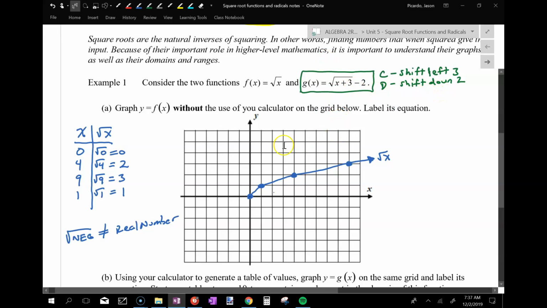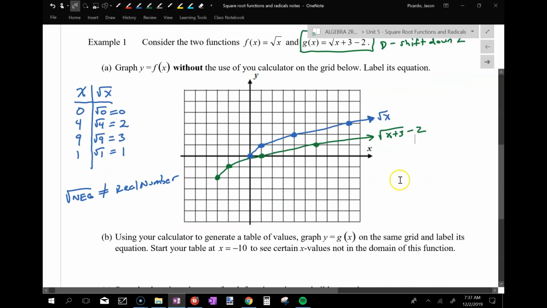So the easy way to do that is just to take each of the points, just do them all individually, right? Left 3, down 2. And there's this one. Same graph, right? Just shifted.